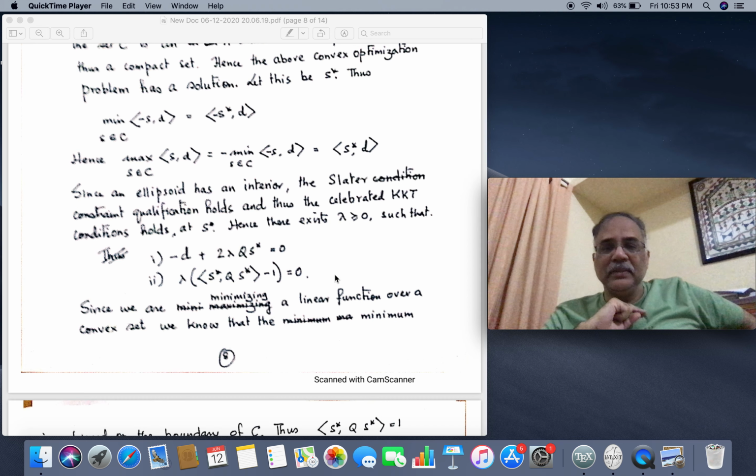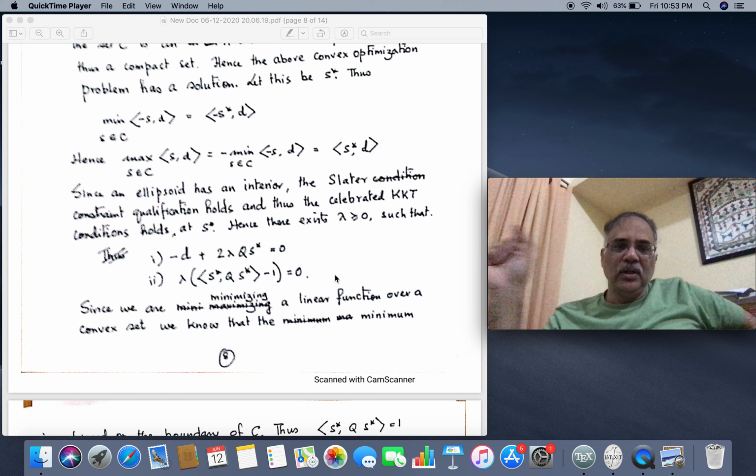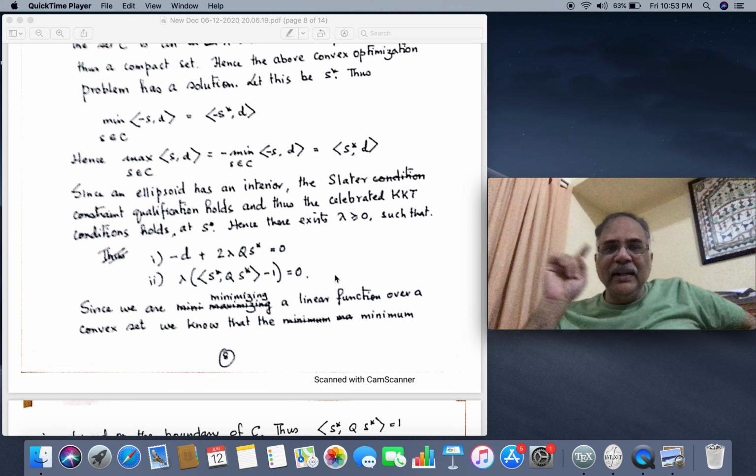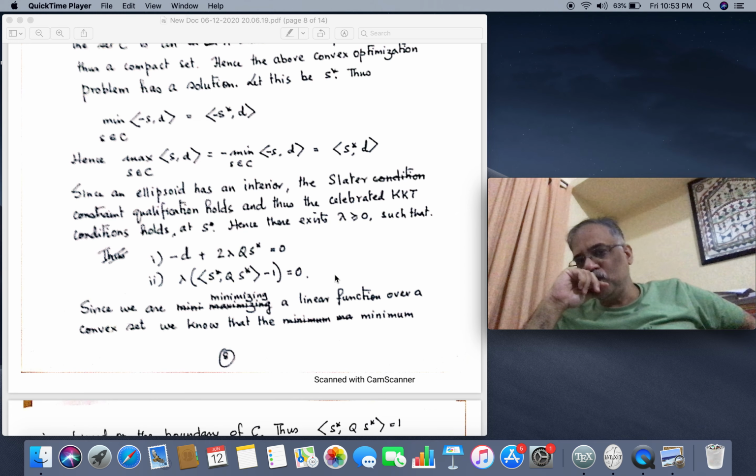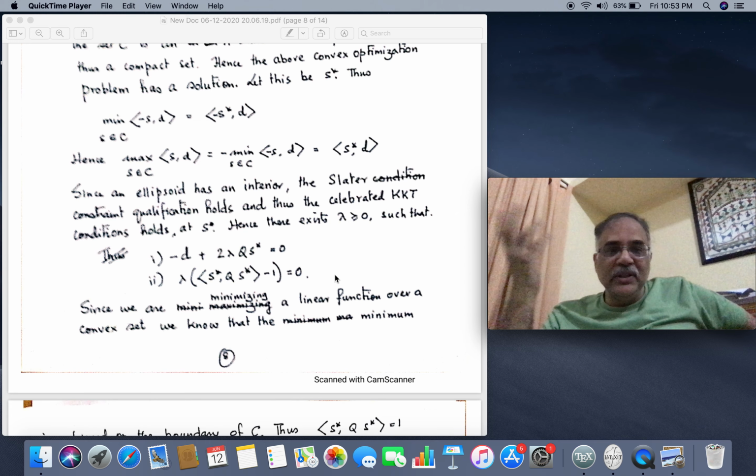Now what happens is that when we are minimizing a linear function over a convex set, the minimum always occurs at the boundary. If we know that, then s star^T Q s star must be equal to 1 at the boundary, and so lambda cannot be 0.